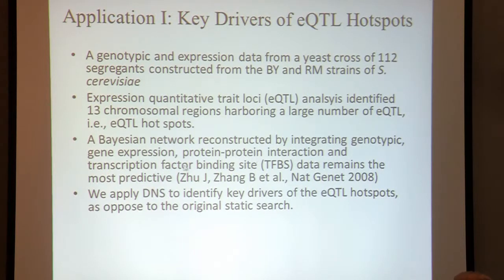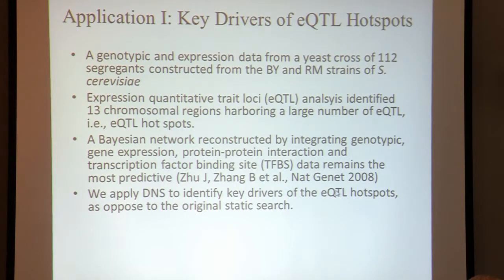We also built our basic network through integration of many types of information. In this application, we use the key driver analysis, especially the dynamic neighborhood search, to identify the drivers of those eQTL hotspots.